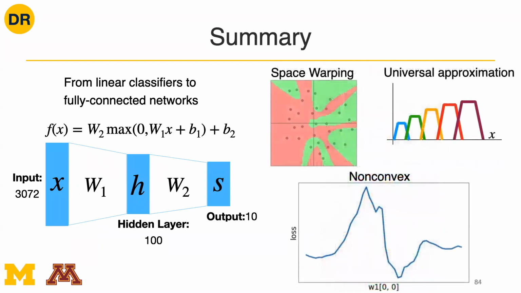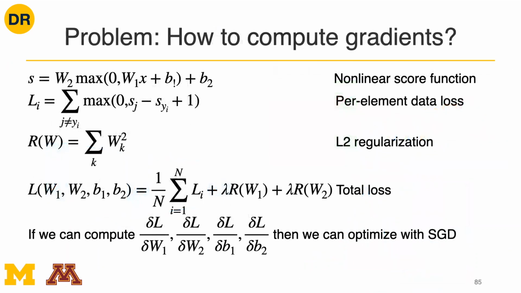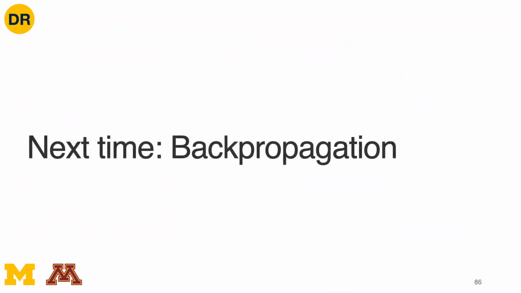We talked about space warping and the property of universal approximation, and a little about convex and non-convex functions. We still haven't discussed how to compute the gradients in a more structured way so that you can train your neural network. We will do that in the next class, where we'll talk about backpropagation. I think that is the end of the lecture.